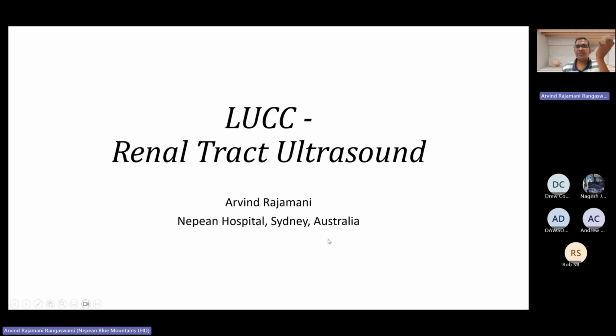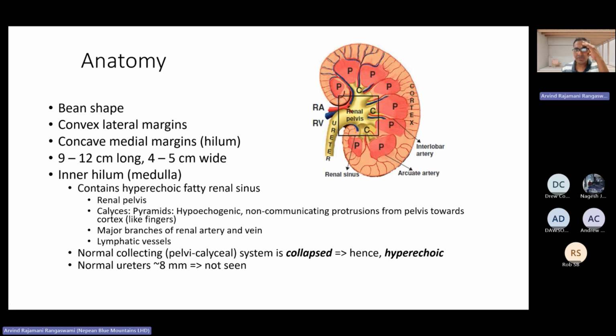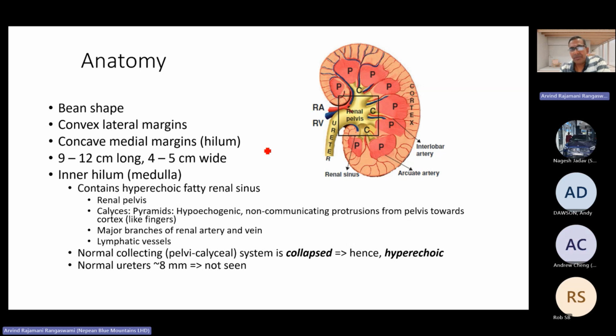Okay. So renal ultrasound is also extremely similar. The kidney is kidney shaped. It's bean shaped, and you can actually see this when you're doing an ultrasound. The number of times you'll hit the kidney when you're trying to do an apical 4-chamber view is very common.